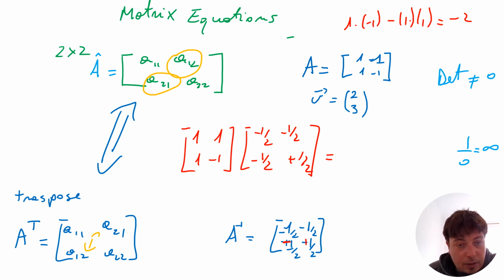So the first one is, and I think I got it wrong, this is minus 1 times minus 1.